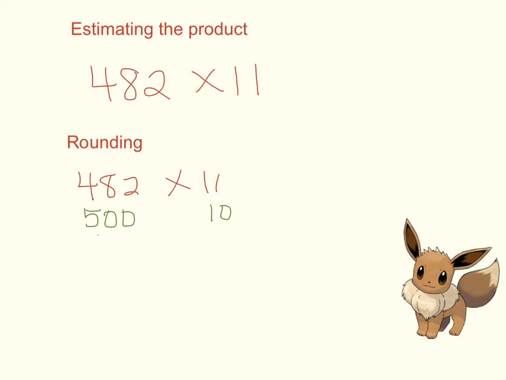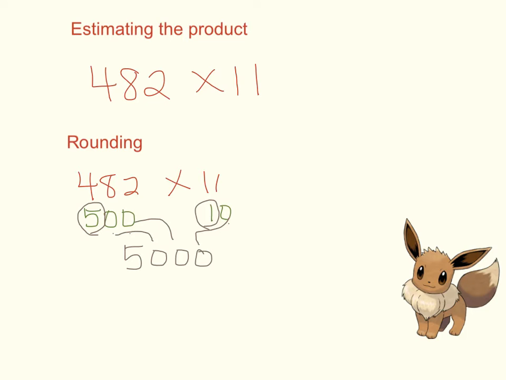Then I'm going to take the 5 and the 1 and multiply them. That's going to be 5, because 5 times 1 is 5. Then I'm going to carry over the zeros. There are 1, 2, 3 zeros. One goes here, the other here, and another here. So for 482 times 11, we can guess that our answer is about 5,000.